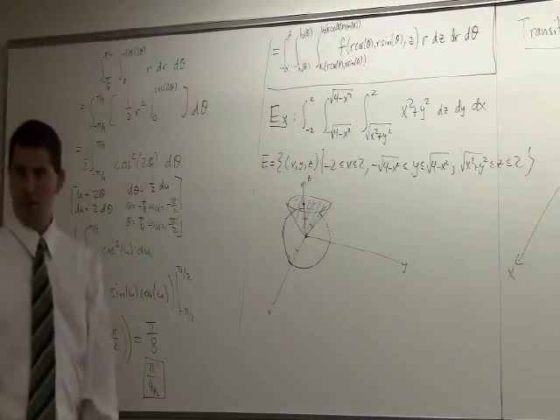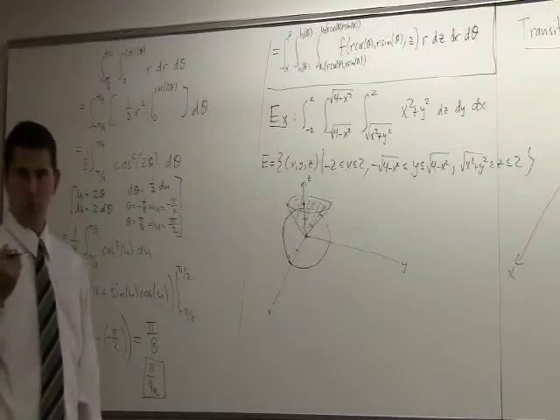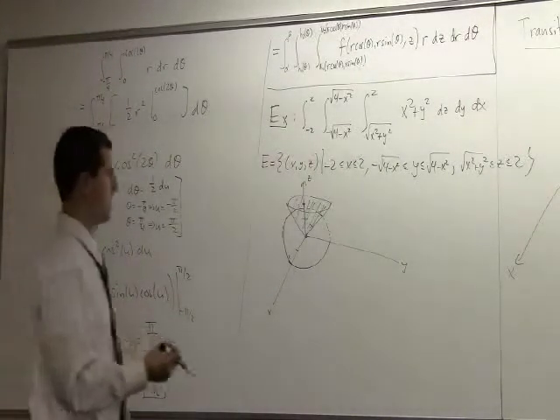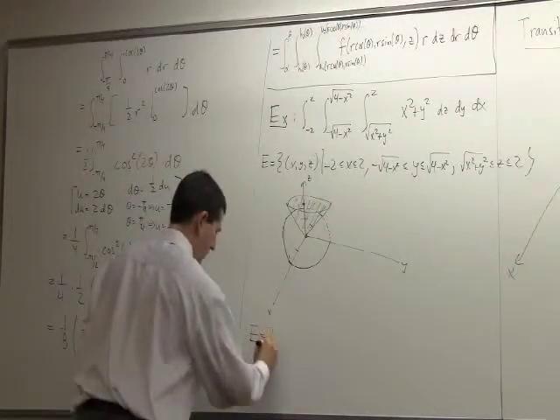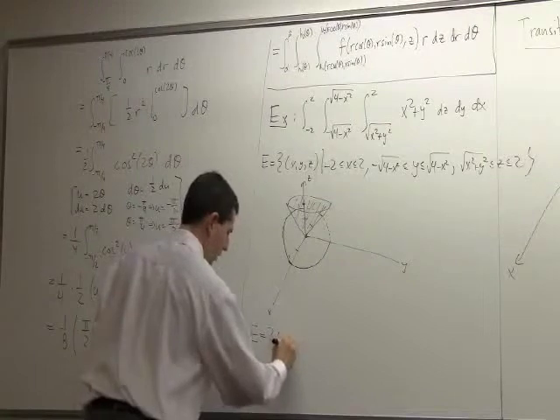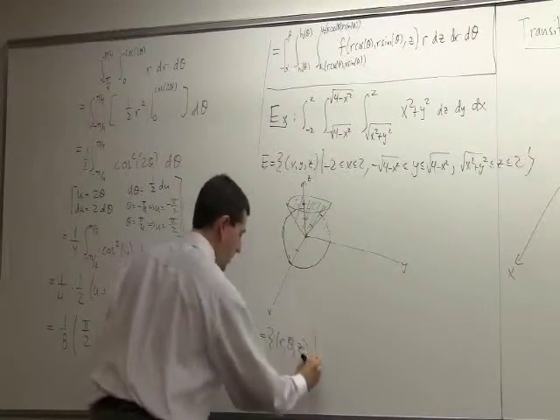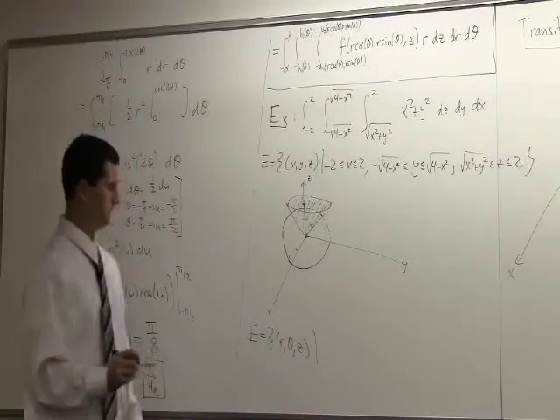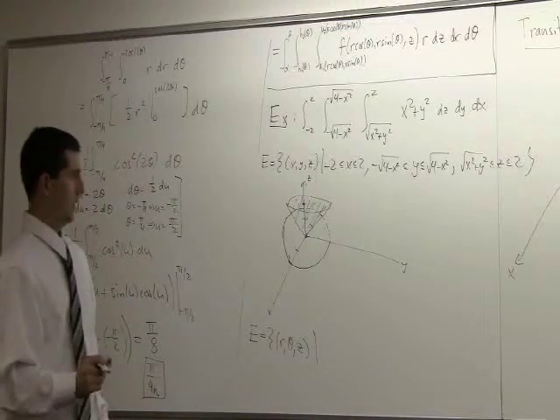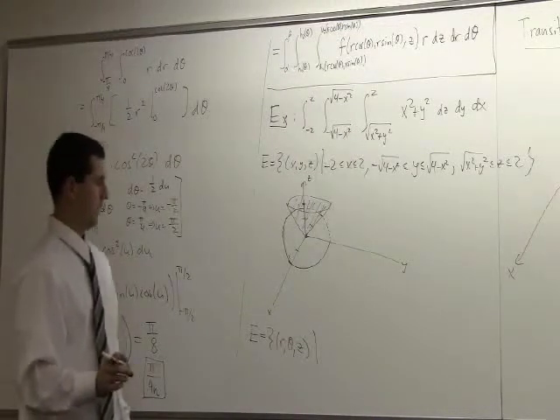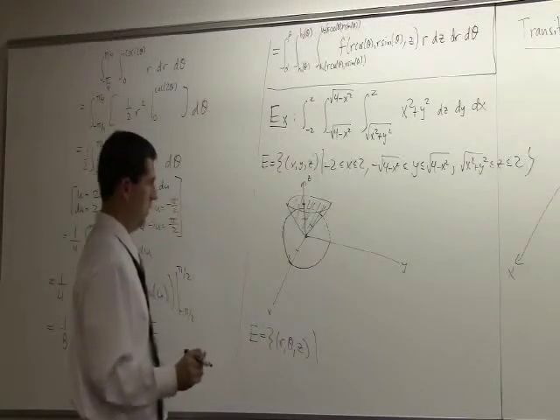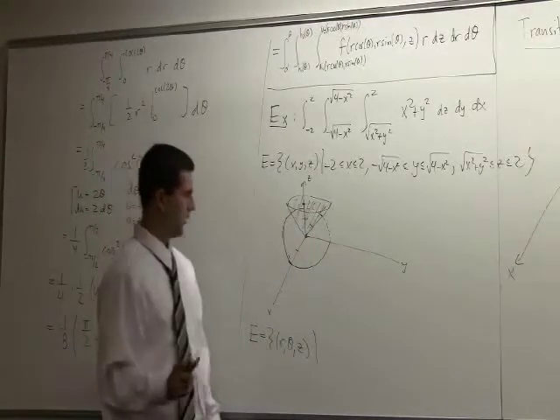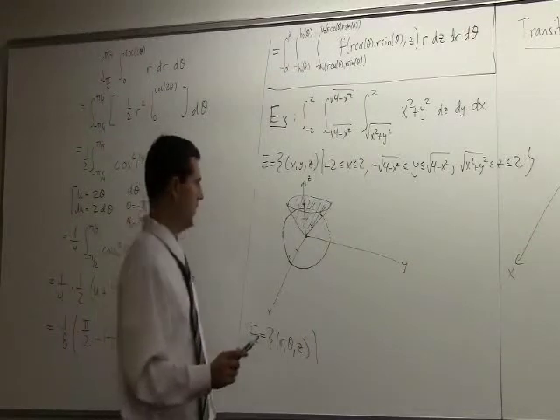Okay, so now let's try to rewrite this in terms of polar coordinates. In polar coordinates, things look like r, theta, z. Things shouldn't be so bad.